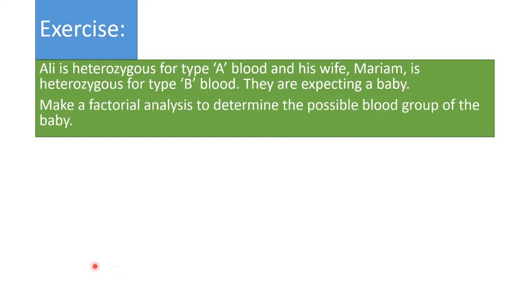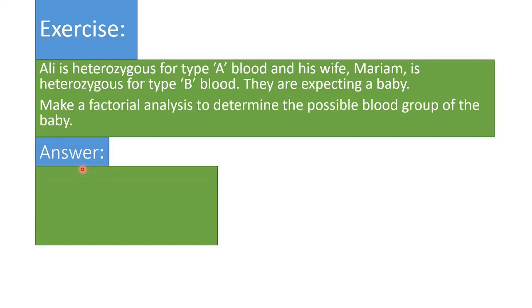The question is, make a factorial analysis to determine the possible blood group of the baby. Here we can start doing our factorial analysis as usual, starting with the phenotypes of the parents. The parents are of blood group A and B. The genotypes of the parents are going to be AO for Ali, the father, and BO for the mother.